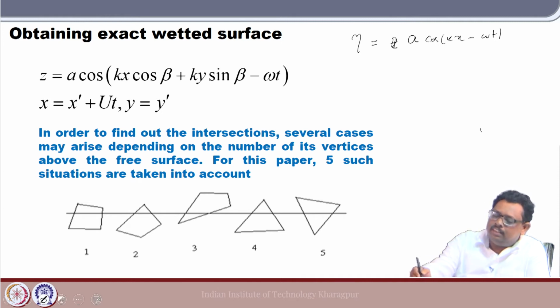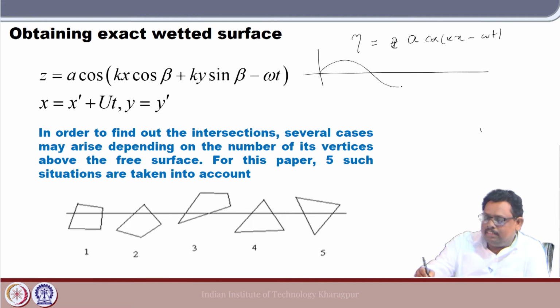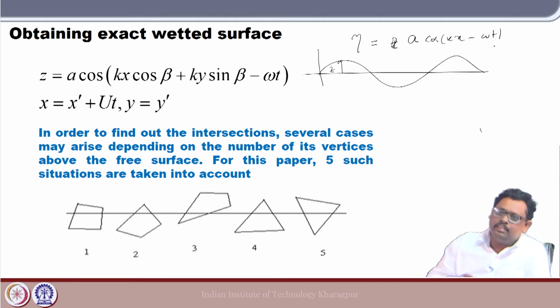Now, if you look at it in the vector sense, eta is nothing but your wave elevation, so the wave elevation or z is defined by this formula. I just modify it as z equal to a, where a is the wave amplitude, times the cos.